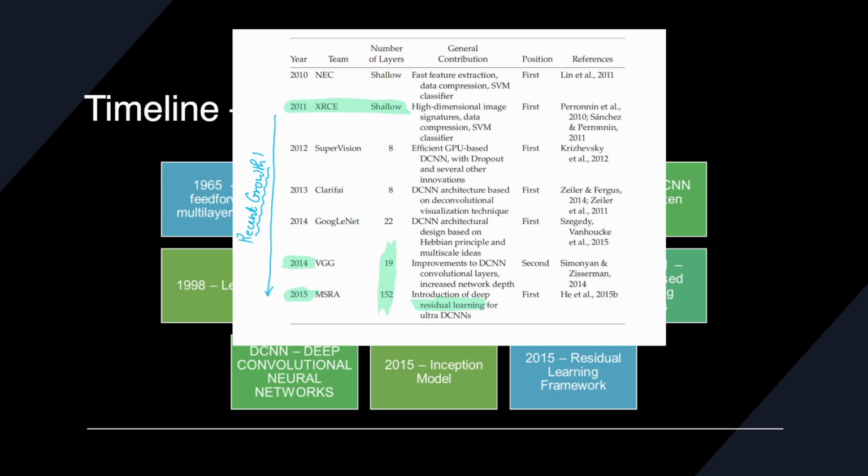However, from 2014 to 2015, we see that something major changed, because before 2014, the maximum number of neural network layers was 20, but in 2015 now we have 150 layers. And how was that made possible?